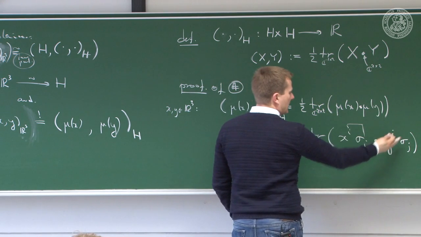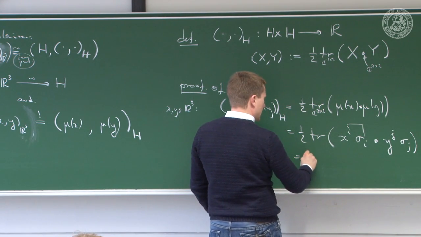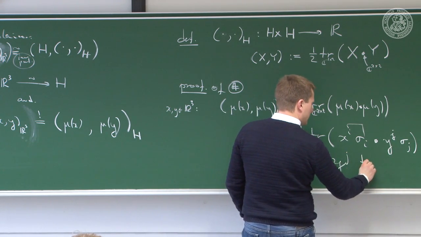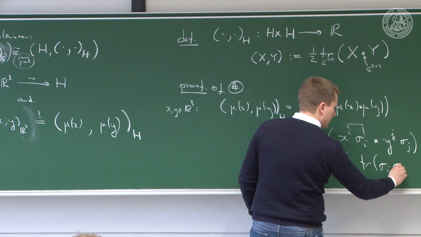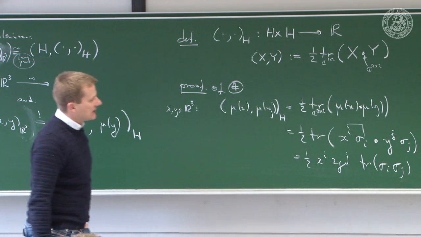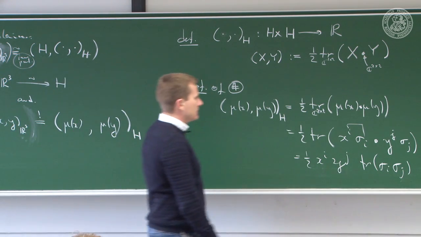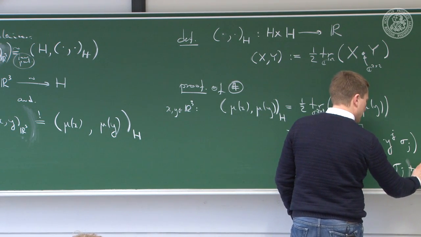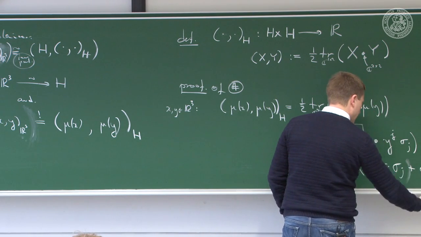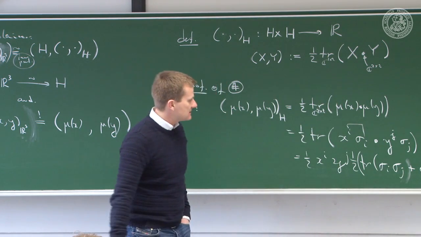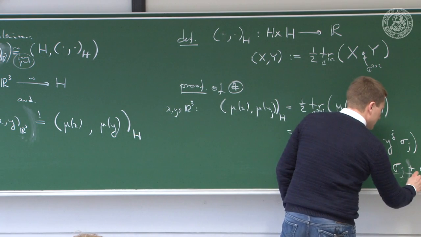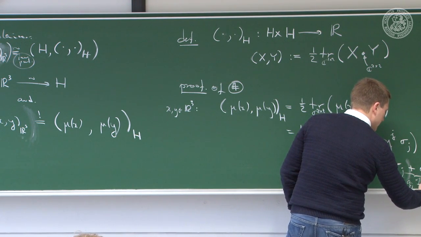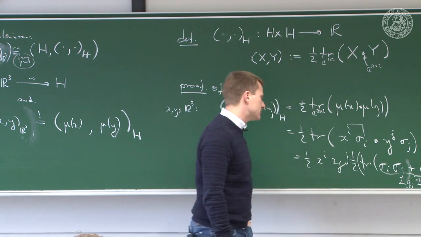So for every ij, this xi, xj are numbers. So this is xi, yj, and then we have the trace of sigma i, sigma j. Well, that guy we met before, we can write this as 1/2 the trace of this plus sigma j, sigma i, simply because the trace is cyclic, and then we can use that this is 2 times gij times the identity on the 2x2 complex matrices.